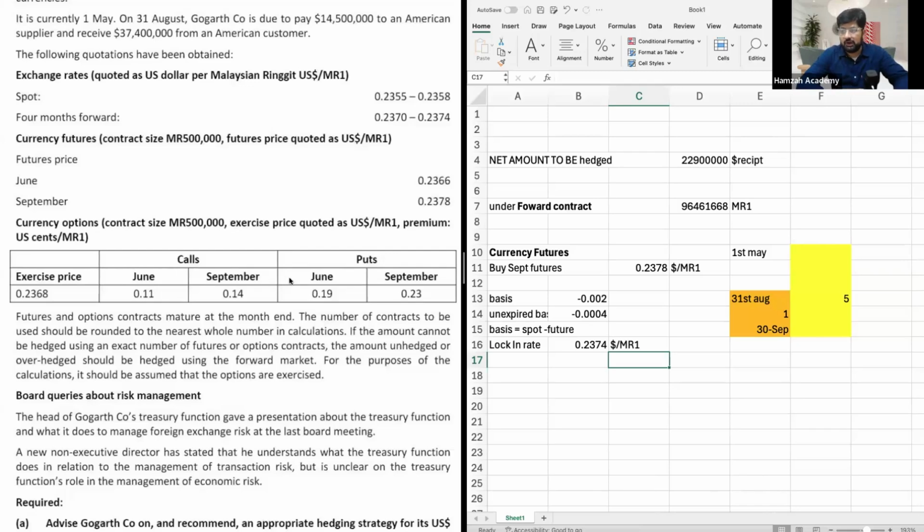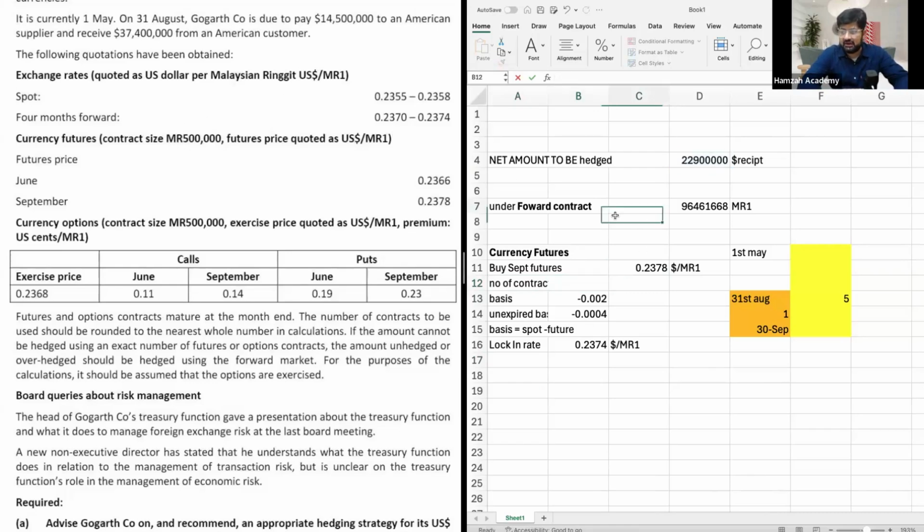Next, one thing we should have calculated first is the number of contracts. We should have calculated it before calculating the basis. This receipt is divided by the contract size. This is the Malaysian ringgit contract.